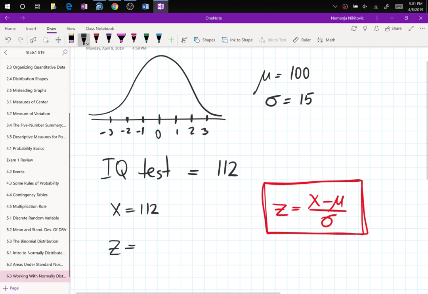So z is equal to 112 minus the 100 divided by 15. This works out to be 12 over 15, which is 0.8, right?